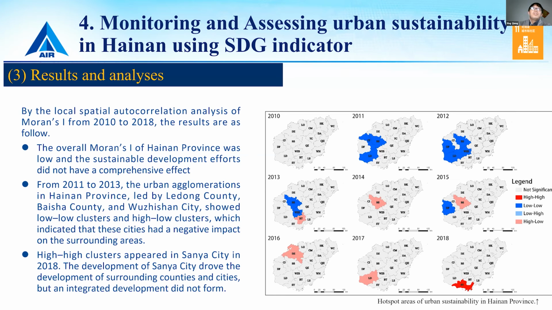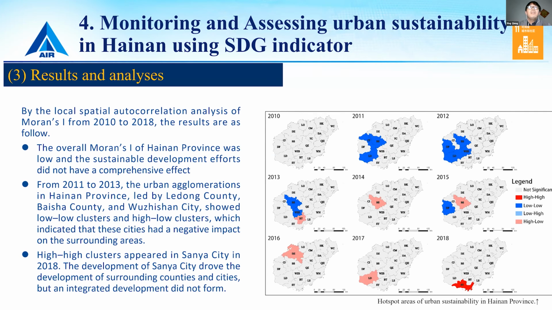Here the result shows that the overall Moran's I of Hainan province was low, and it means that it did not have a comprehensive effect between or among the adjacent counties or cities.